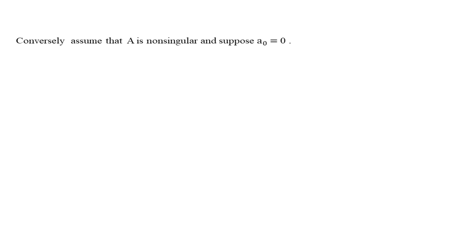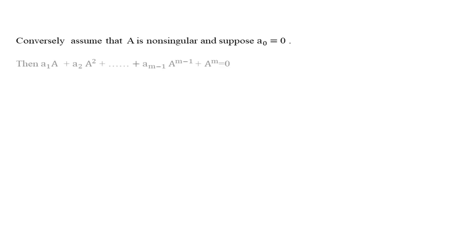Students, here we prove the proposition. Let F be a field and let A belong to Mn of F. Then there exists a non-trivial polynomial f of x in F of x such that f of the matrix A equals 0.